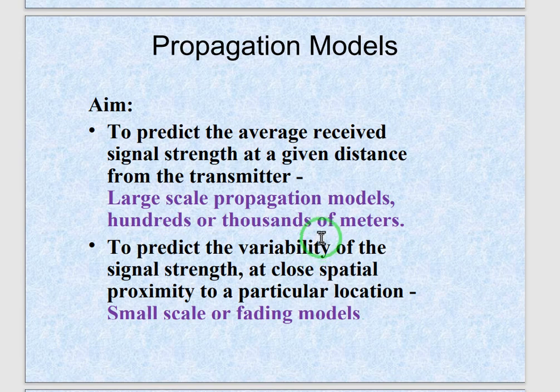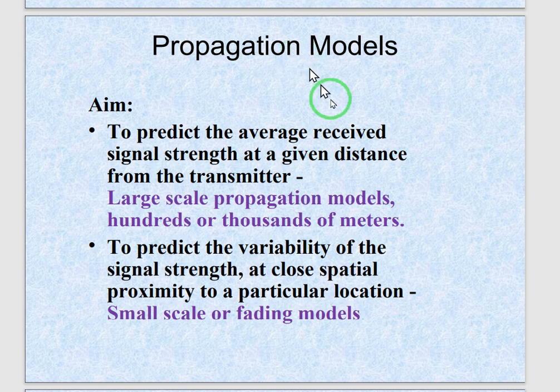There are different propagation models available. Basically, propagation models have the objective to predict the average received signal strength at a given distance from the transmitter, or to predict the variability of the signal strength at close spatial proximity.